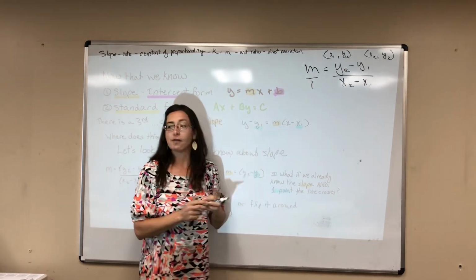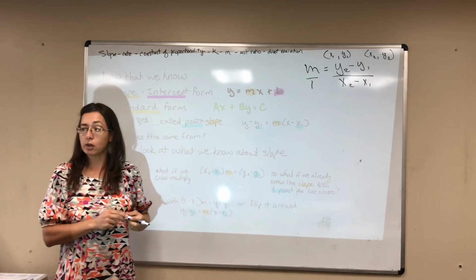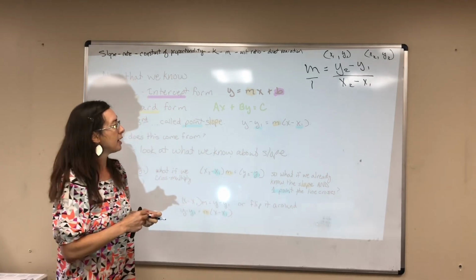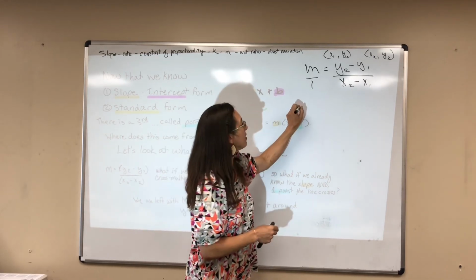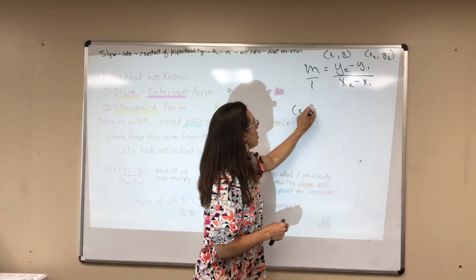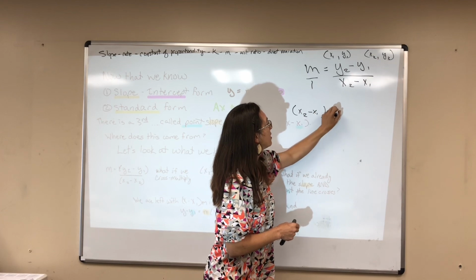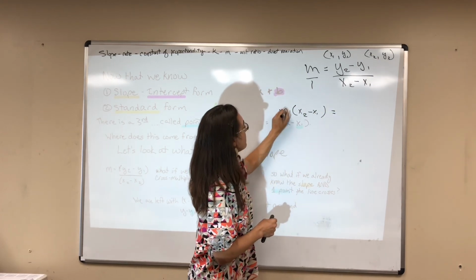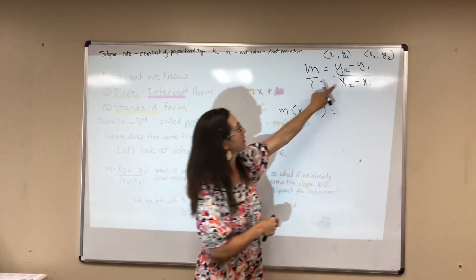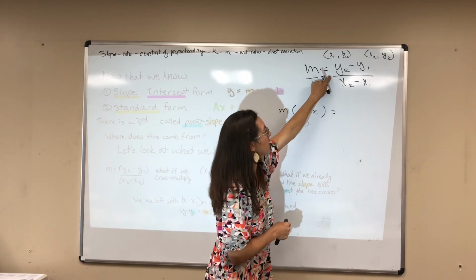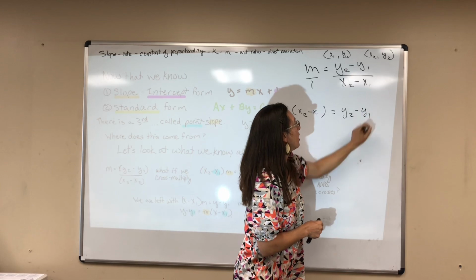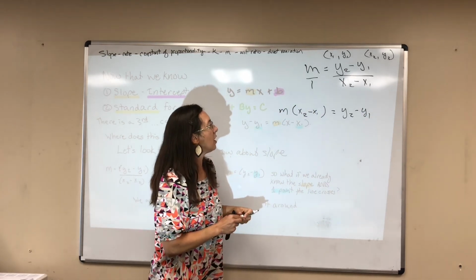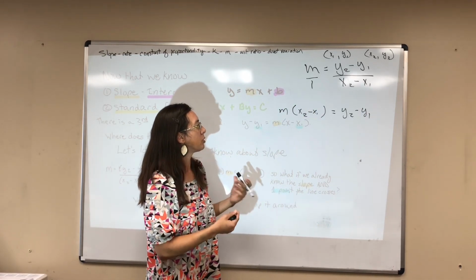Because we know when we have an equal sign with 2 ratios, we can cross multiply. So if I cross multiply, I have x2 minus x1 times m, equals y2 minus y1. Well, what if we already know one of the values and we're just looking for the other?